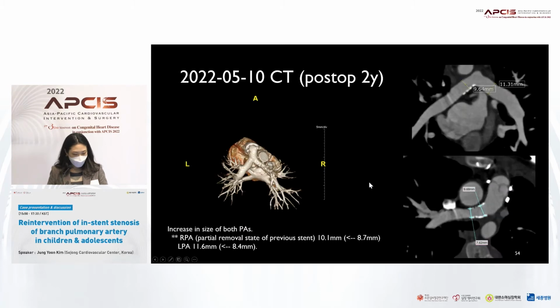This 2-year post-op CT scan shows that we can increase the size of both PAs and keep the size, without any restenosis at all. So we think Dr. Changari really liked this technique recently. This time it worked. Right. Thank you.